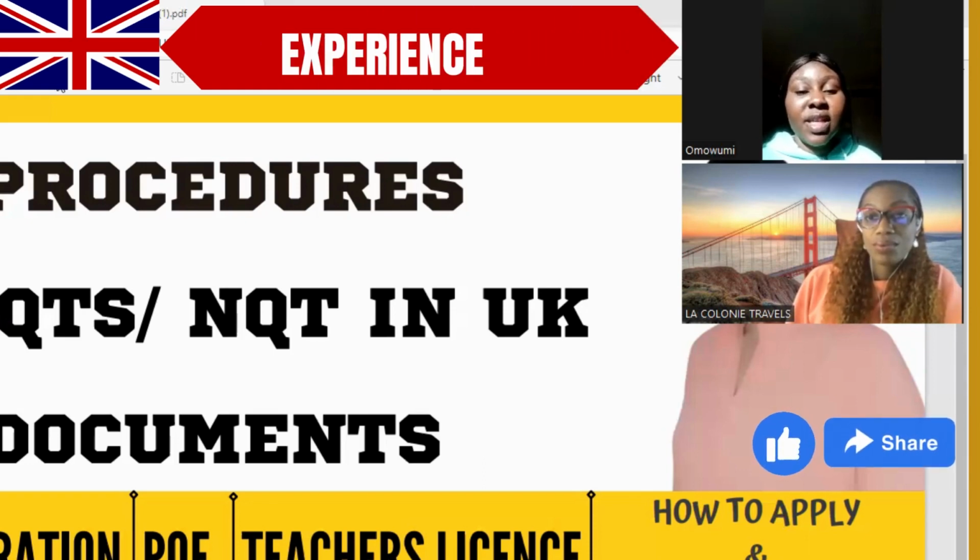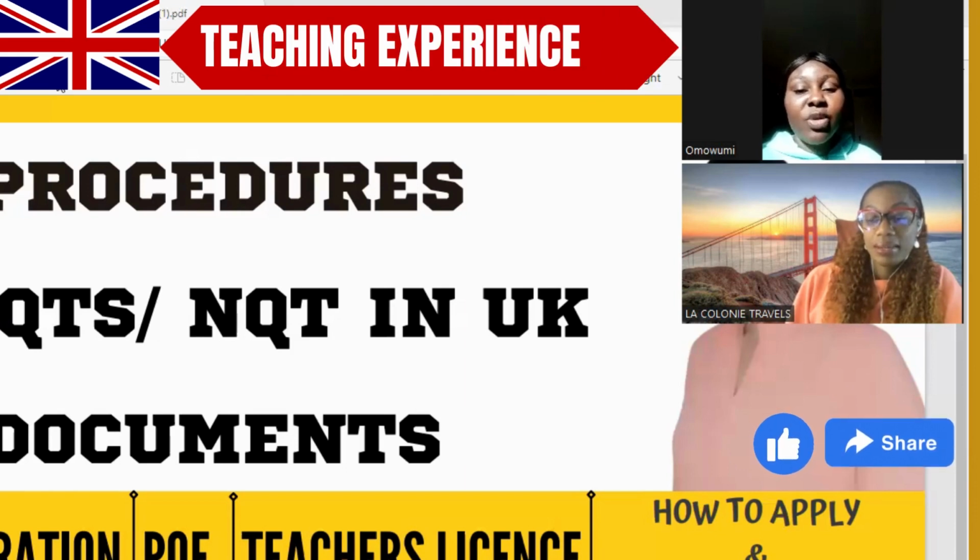And the fourth stage is experience, your teaching experience. You'll be asked to write the name of the school you have taught in back in your country for 9 months. Yes, you need to have taught back in your country for at least 9 months.